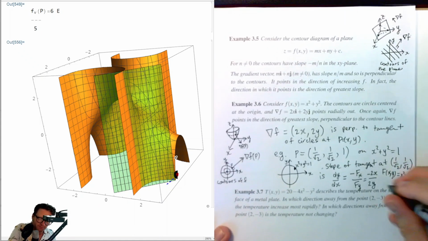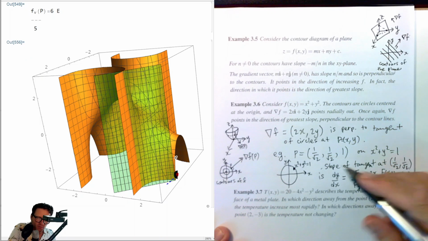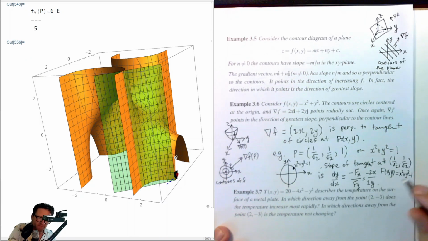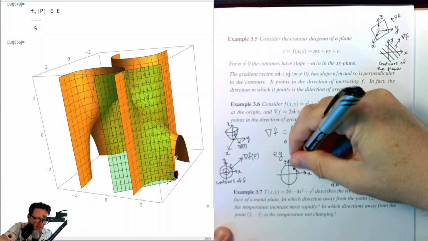Right, and so then dy on dx at this point P, well, since the x and y coordinates are equal at this point, dy on dx at P is just equal to -1, right? Slope -1. Now let's draw that. So that's like this, right?